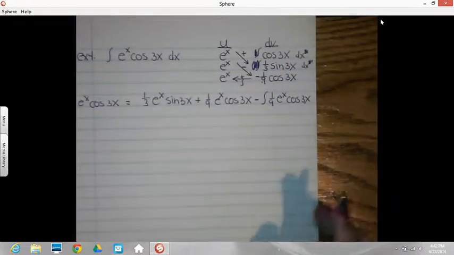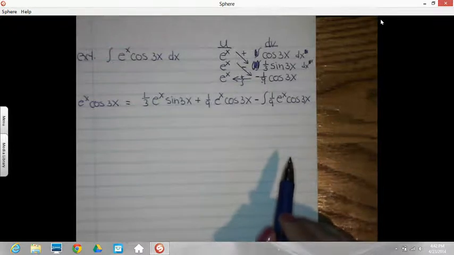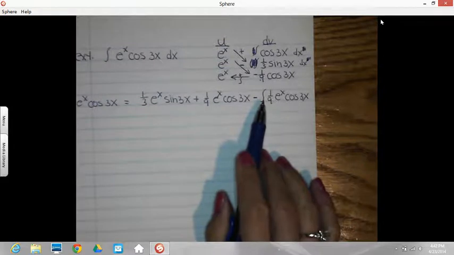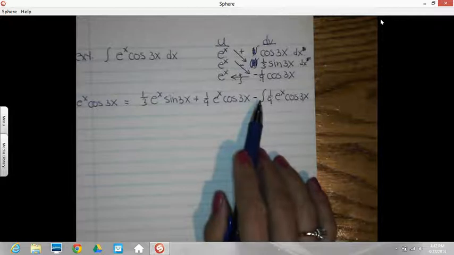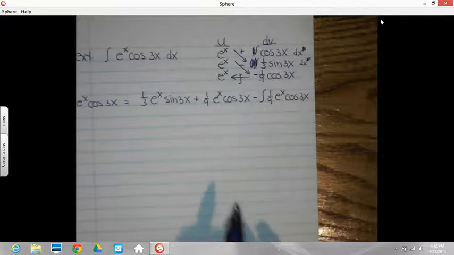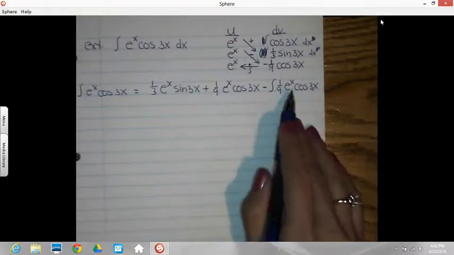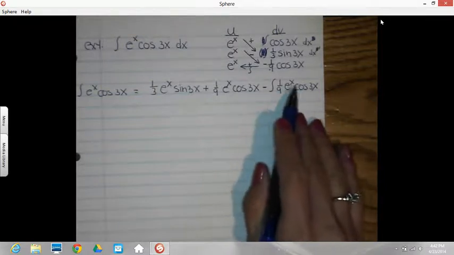Make sure I got that right before I move on. Yep. Okay. Just double checking, make sure I didn't make any mistakes in there. All right. Here I've got this integral that still has the x's multiplied.